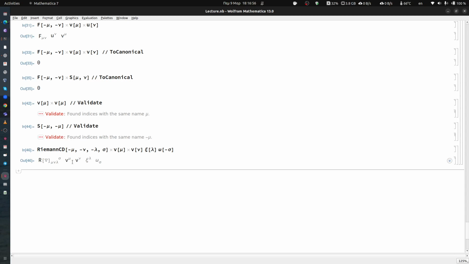So this expression is actually equal to 0 because v nu is symmetric with respect to the exchange of the two indices, and the Riemann tensor is anti-symmetric. But in order to see this, I have to apply the function ToCanonical. And then xTensor gives us the correct result, which is equal to 0.